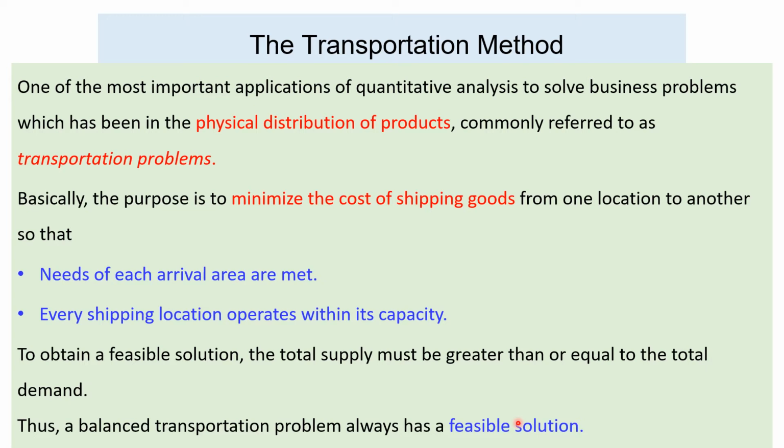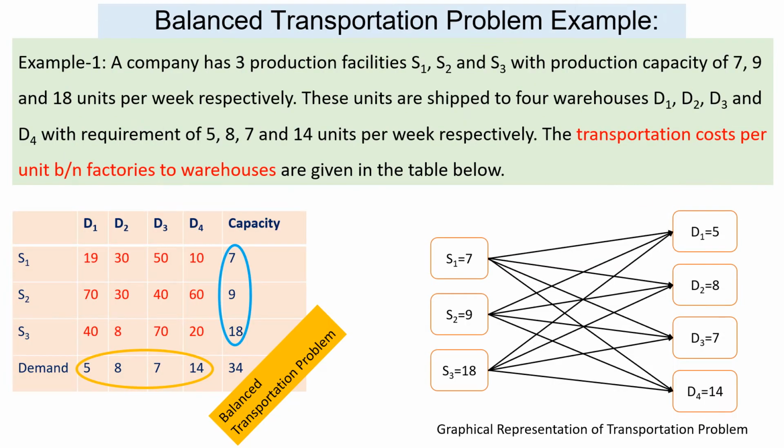So we call it a balanced transportation problem. Let's move to an example which is a balanced transportation problem, that means the sum of the supply and the sum of the demand are equal.